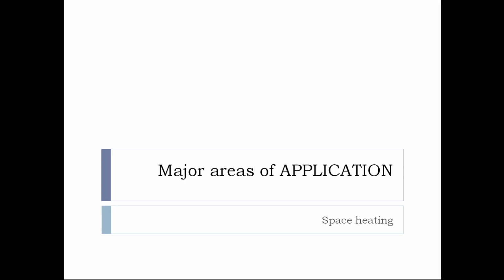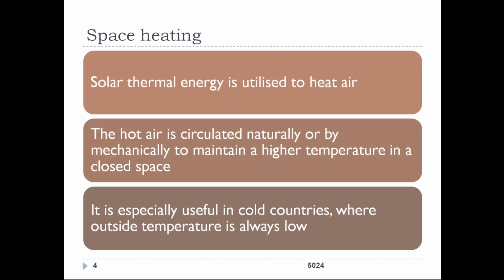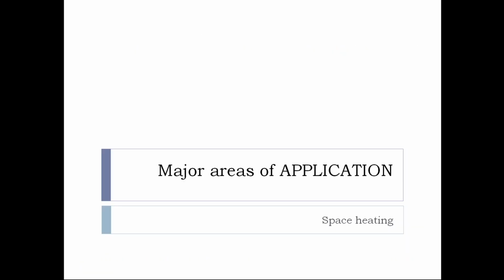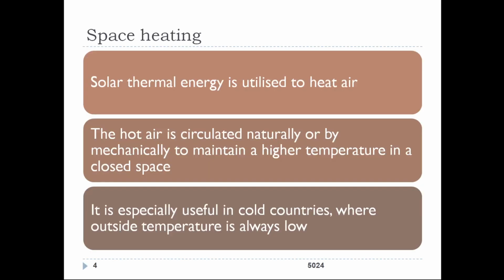Another important area of application of solar thermal energy is space heating. This is especially useful in the cold countries. Solar thermal energy is utilized to heat the incoming air into the room or house.